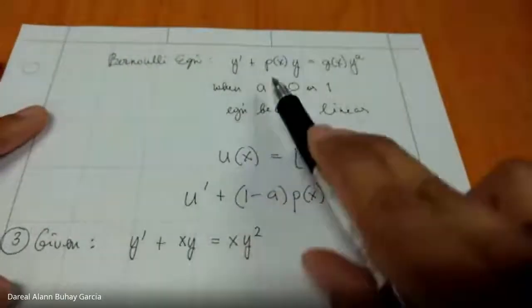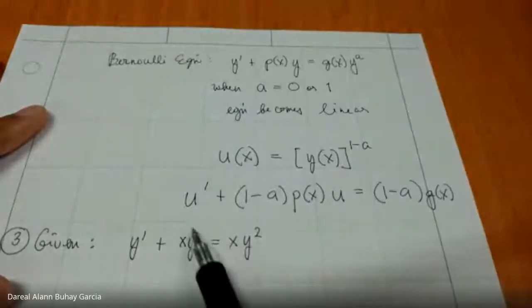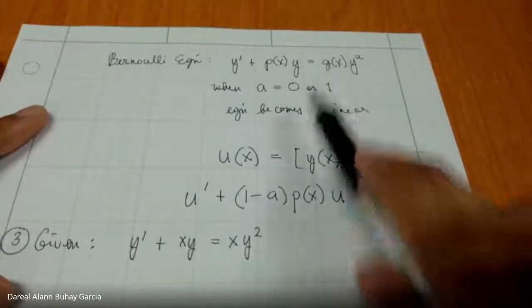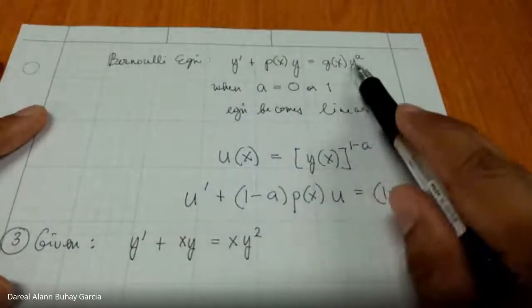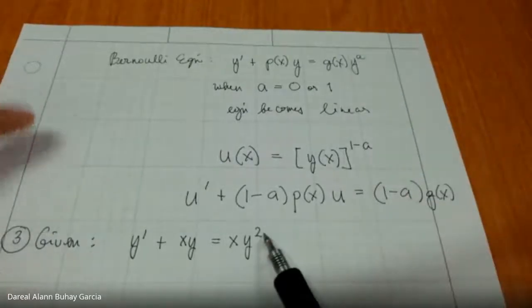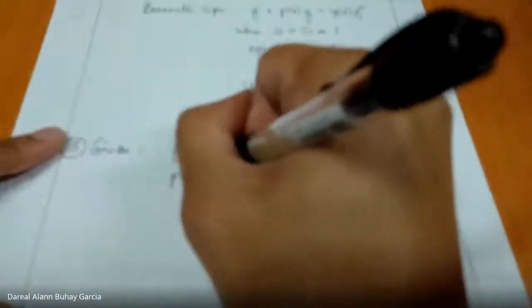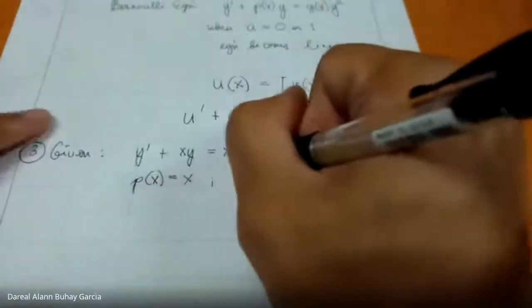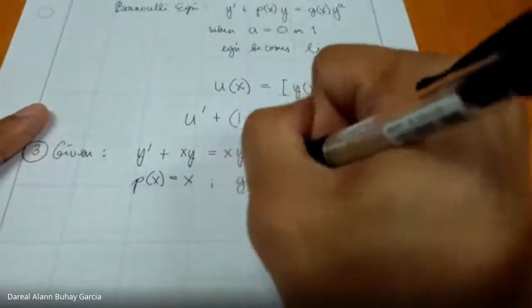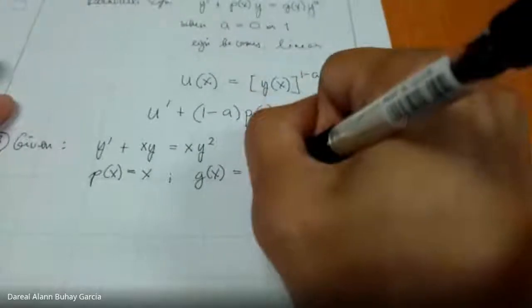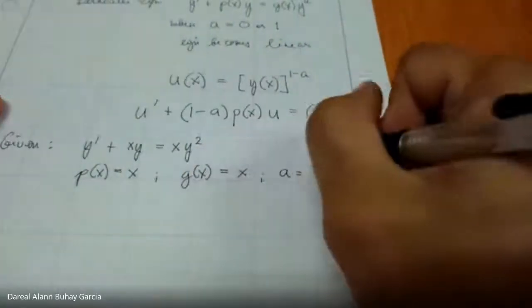Our p of x is x, our g of x is x, and our a is 2, meaning y is raised to the power of a.